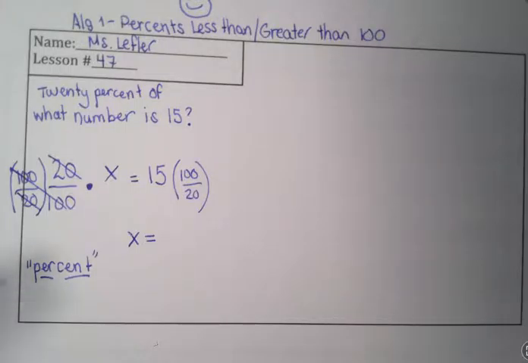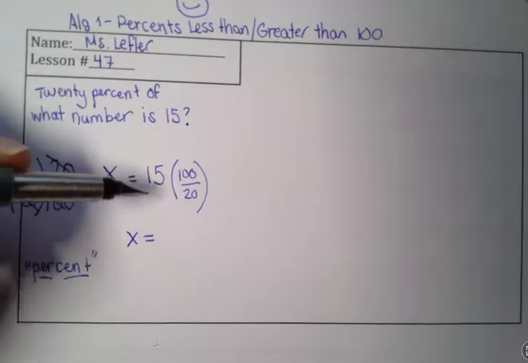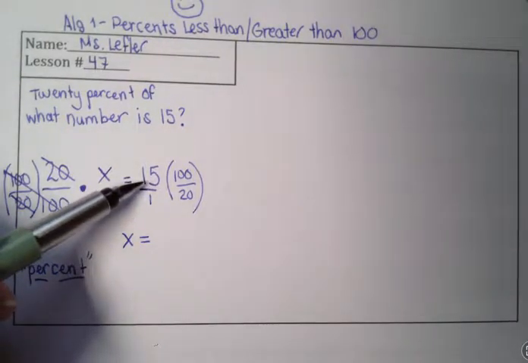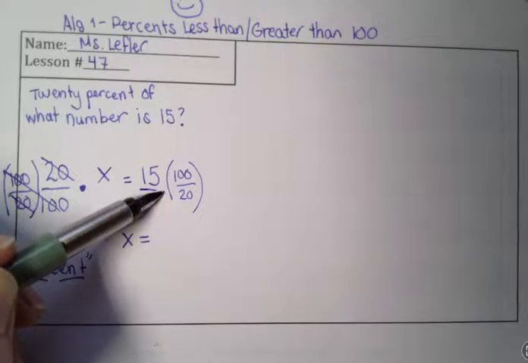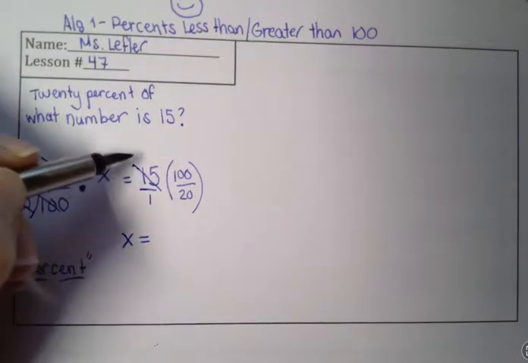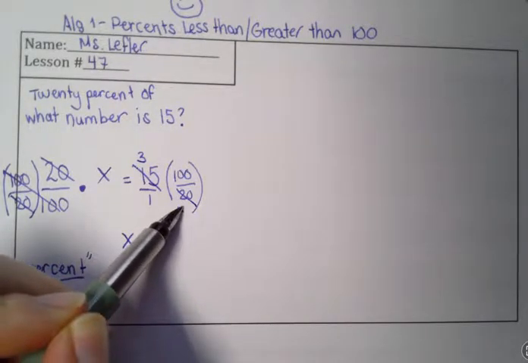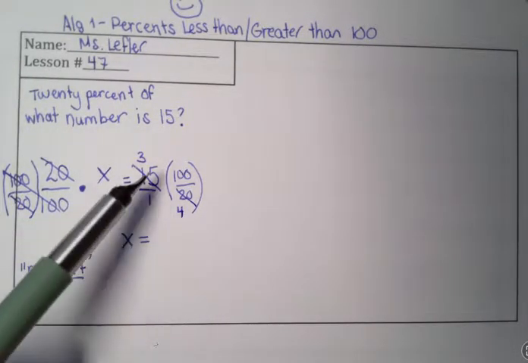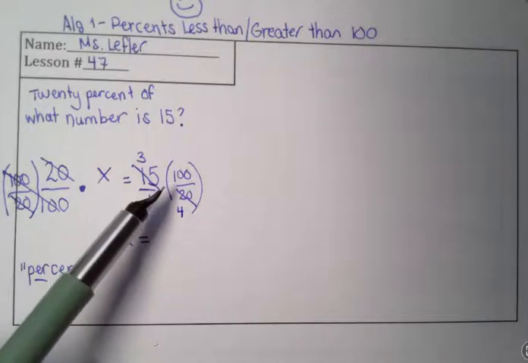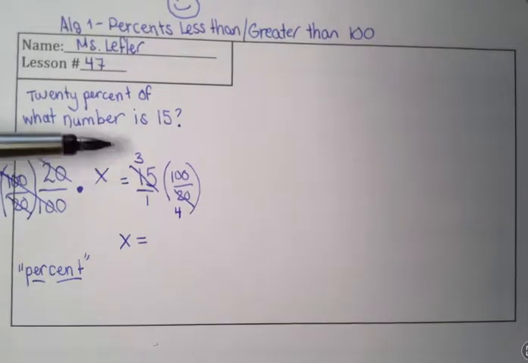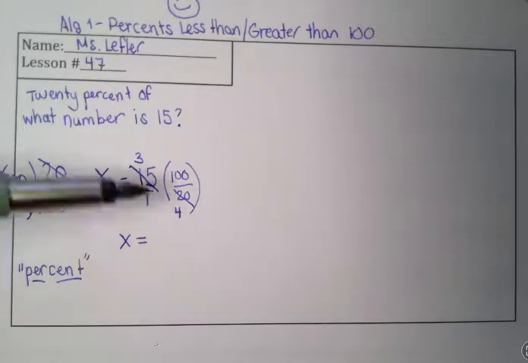Now we know how to cancel fractions when we multiply them, so I can put 15 over 1 and I can divide. 15 is divisible by 5 is 3, 20 is divisible by 5, that would be 4. So I have 3 times 100 over 4. I can also cancel the 100 and 4 because they are both divisible by 2.